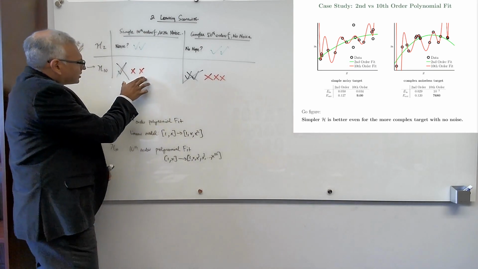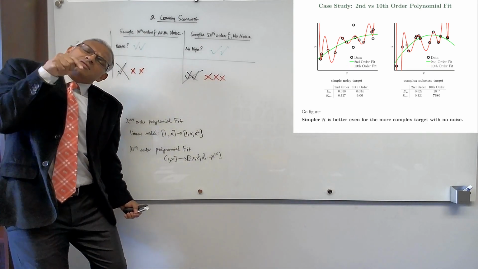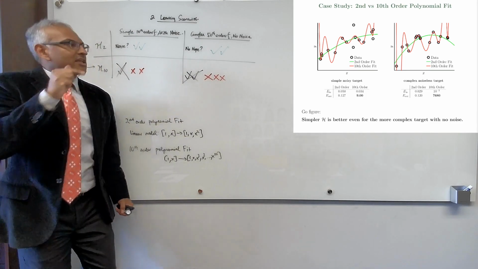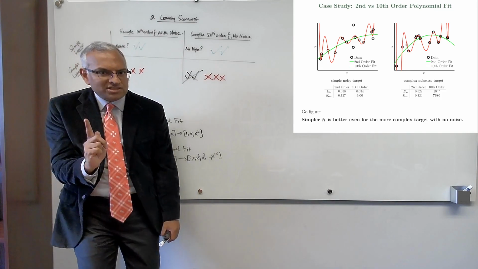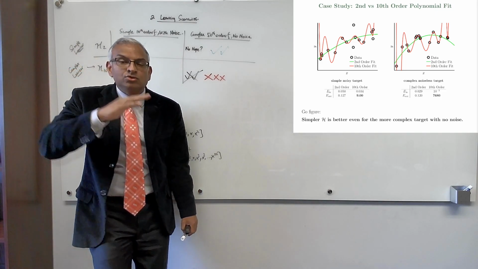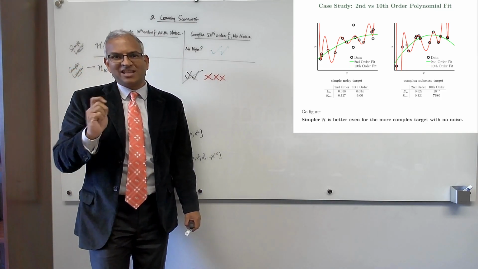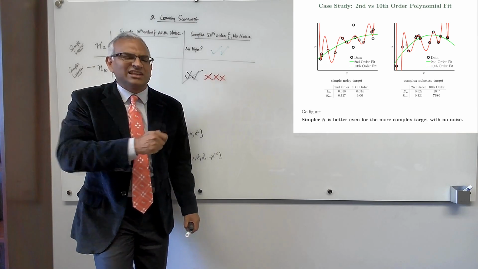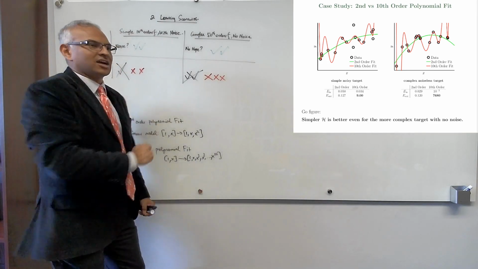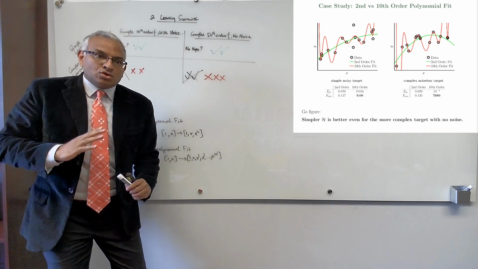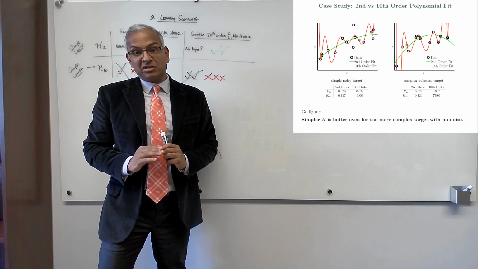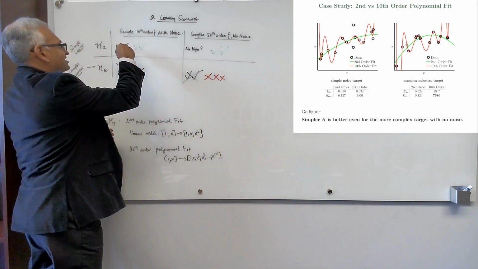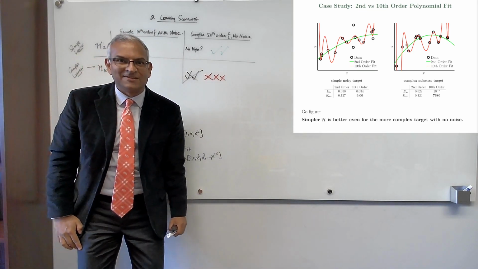What's going on here is that even though you know that the target function is 10th order, it is possible for the 10th order fit to overfit. The 10th order polynomial fit can overfit, even though you know the target function is 10th order. So you are better off ignoring that knowledge about the target function being 10th order and going with the simpler second order fit.